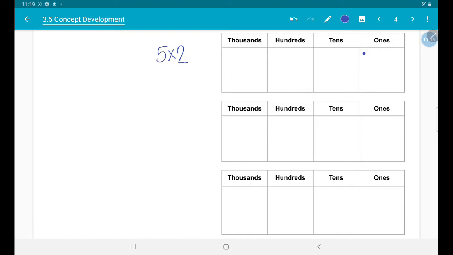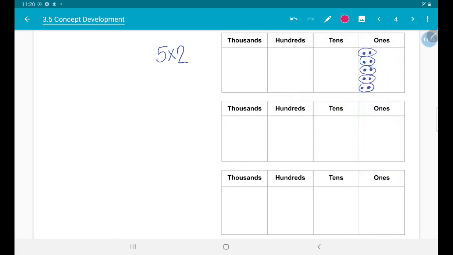So there's 1 group of 2, 2 groups of 2, 3 groups of 2, 4 groups of 2, 5 groups of 2. 1 group, 2 groups, 3 groups, 4 groups, 5 groups.